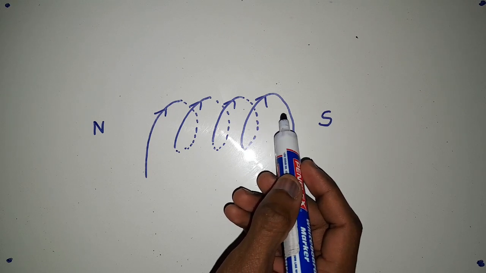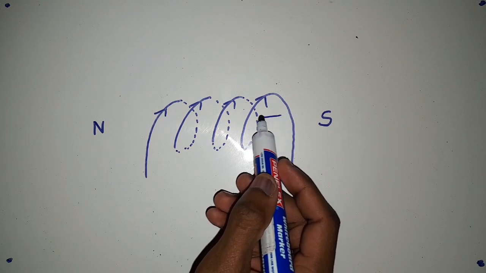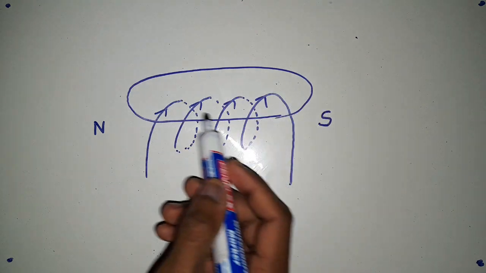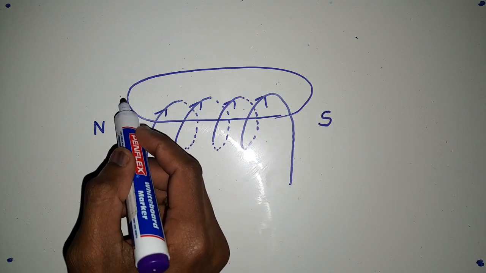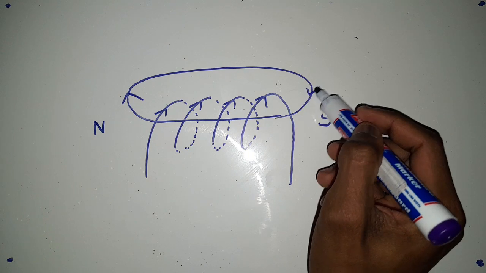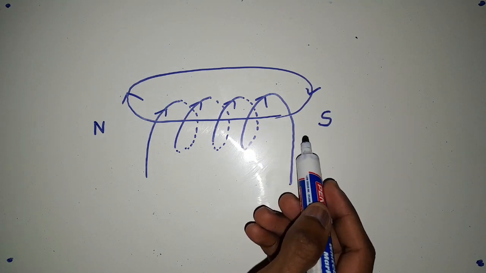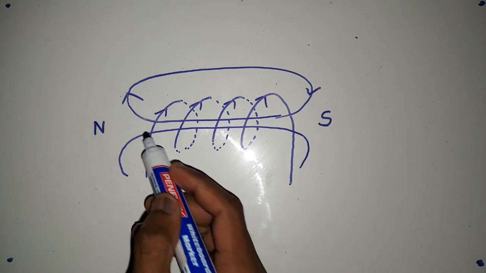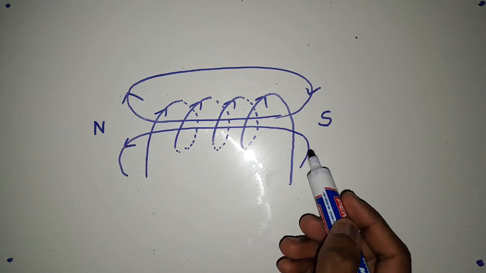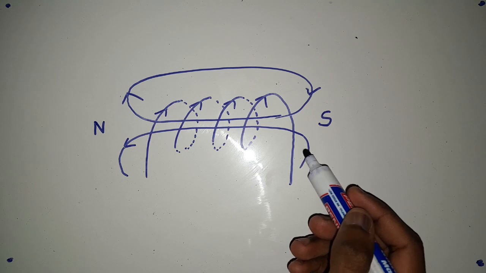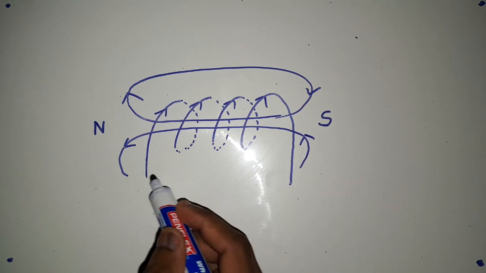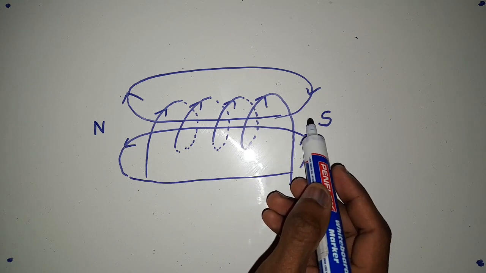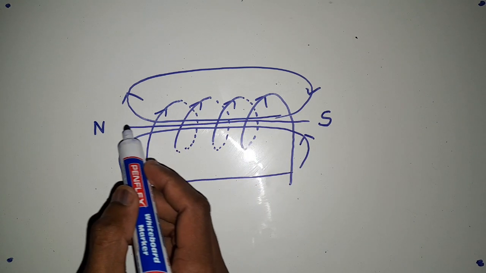Then the magnetic field is going to be like this. This side towards. Then only for a solenoid, I'm going to get a situation like this. I hope you got the picture.